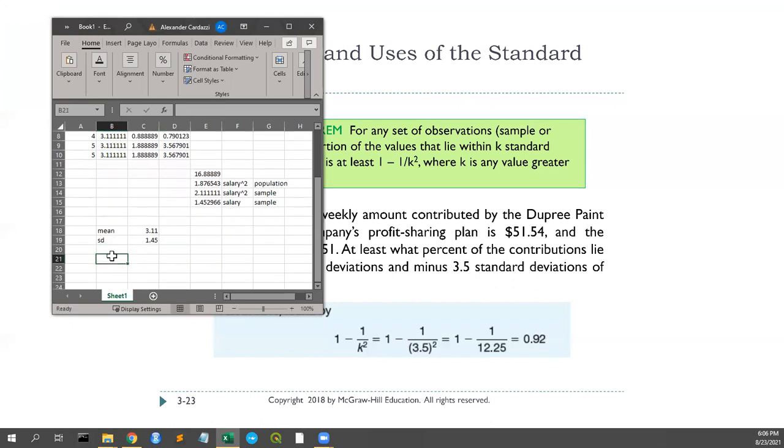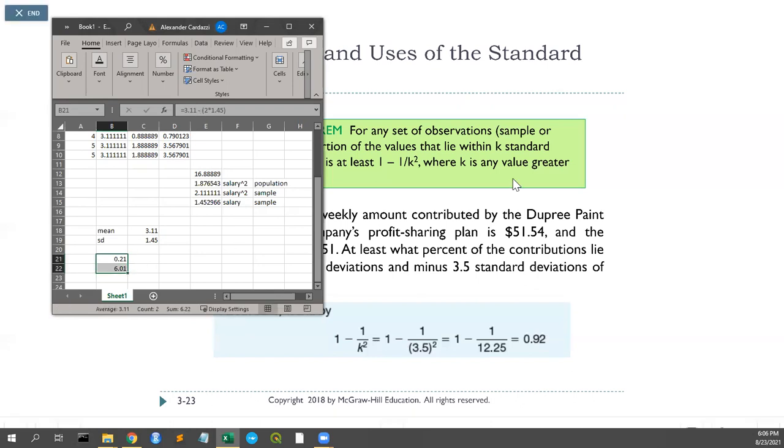All right, so 2 standard deviations to the left, meaning subtracting 2 standard deviations, is going to be 3.11 minus 2 times 1.45. That's going to be almost 0, about 0.21. And if we replicate this, but instead do plus, that's going to be about 6.